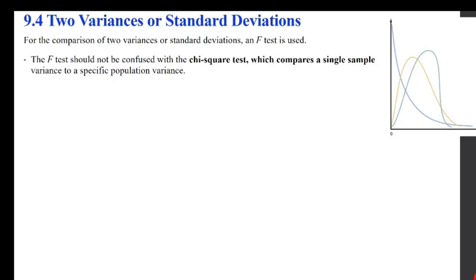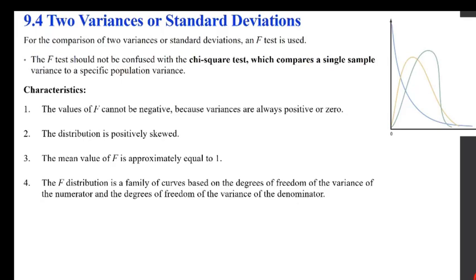In this case, we are dealing with two. The values of F cannot be negative, remember, just like chi-square. The distribution is positively skewed, the mean is approximately 1, and it's a family of curves based on the degrees of freedom of the variance of the numerator and the degrees of freedom of the variance of the denominator.